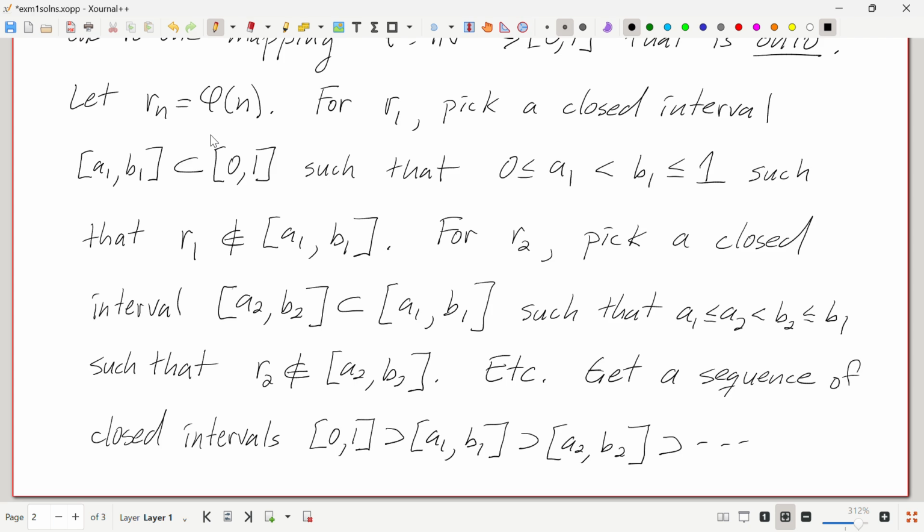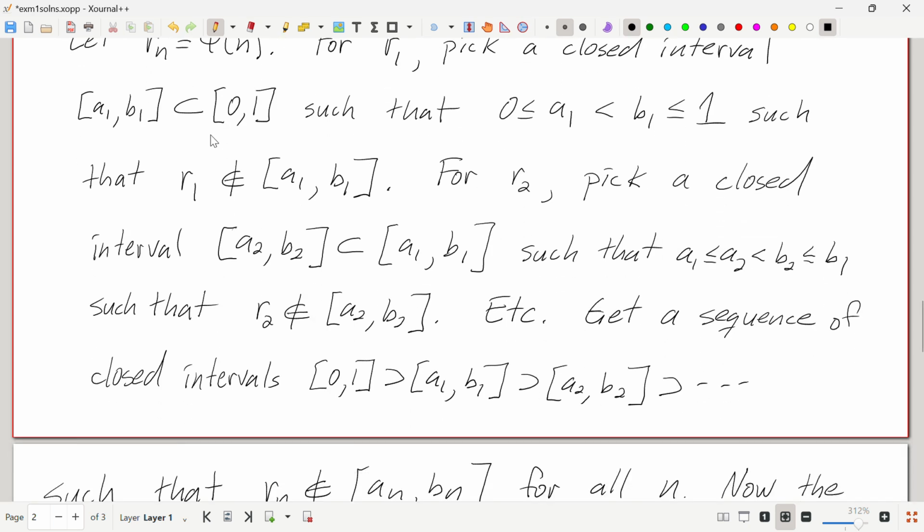Next we pick r2. Let's see, r2 might be in that closed interval A1, B1, or it might not be. But either way, I can pick a closed interval that doesn't contain r2. That's a subinterval of that A1, B1.